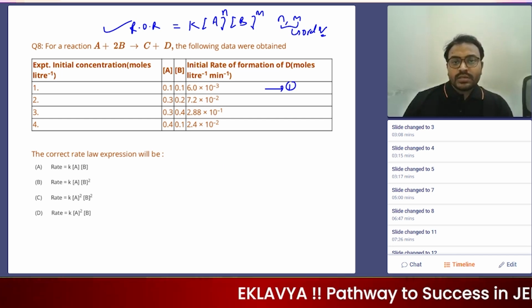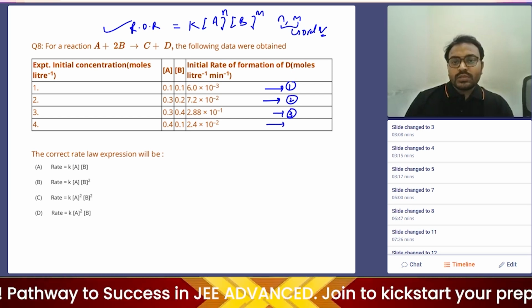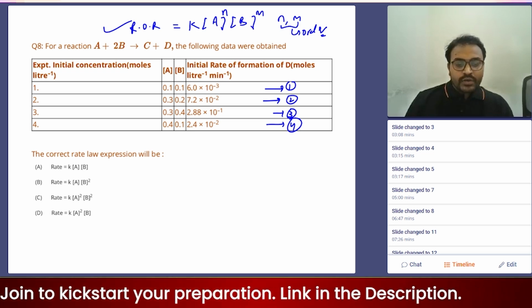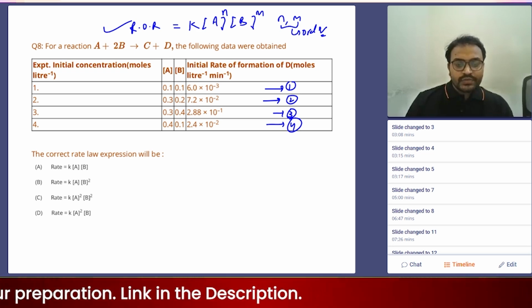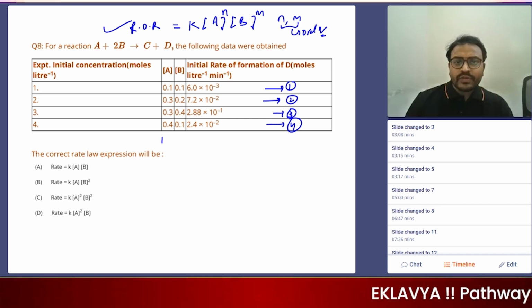Now see this, let us say this is equation 1, this is 2, this is third, this is fourth one, okay? So first we are taking 1 and 4, because in 1 and 4 the concentration of B is common, 0.1, 0.1.